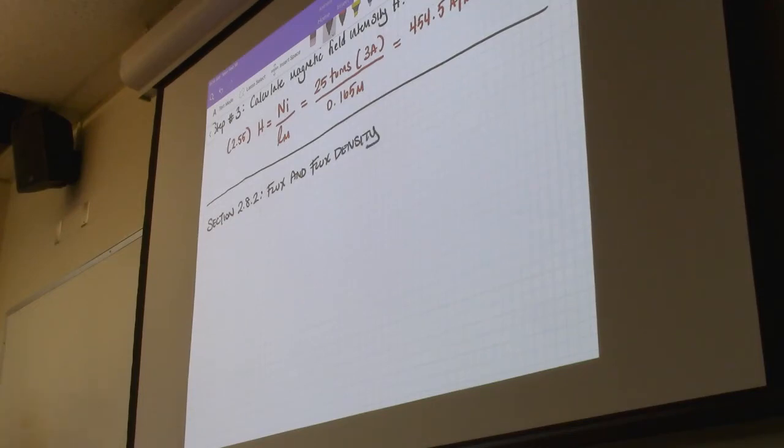Flux and flux density. So flux density describes the density of the magnetic flux lines within a field.